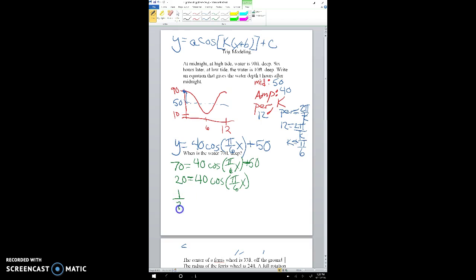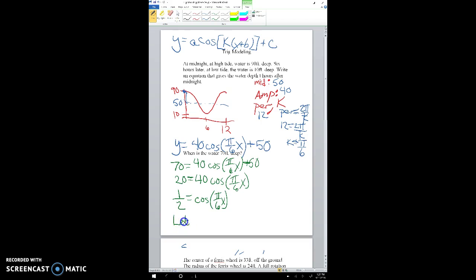So that gives us 1/2 equals cosine pi over 6x. Okay, so you may be able to go directly to the unit circle and see what the answers are, but just in case, I'm going to do this.